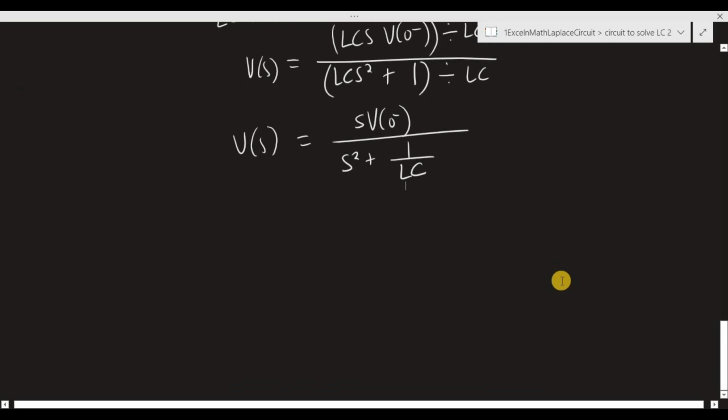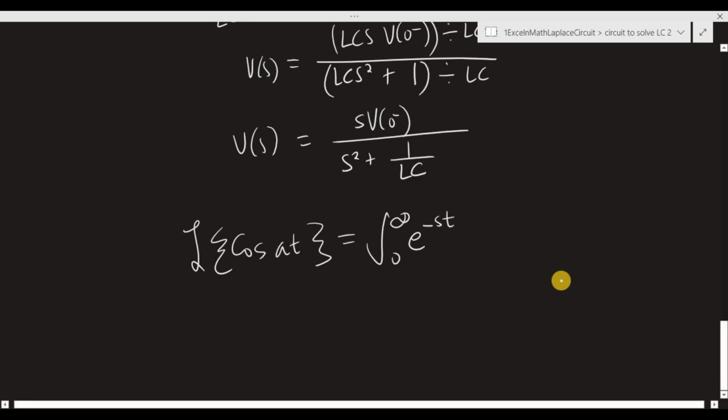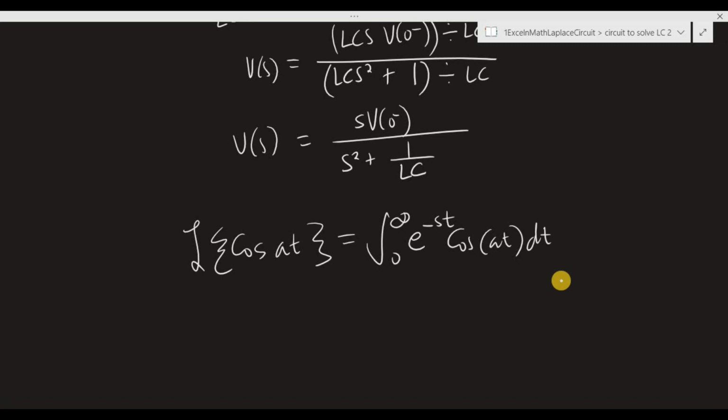Okay, now we know that the Laplace transform of cosine at is equal to the integral from 0 to infinity of e to the negative st cosine at dt, and this is equal to s over s squared plus a squared.